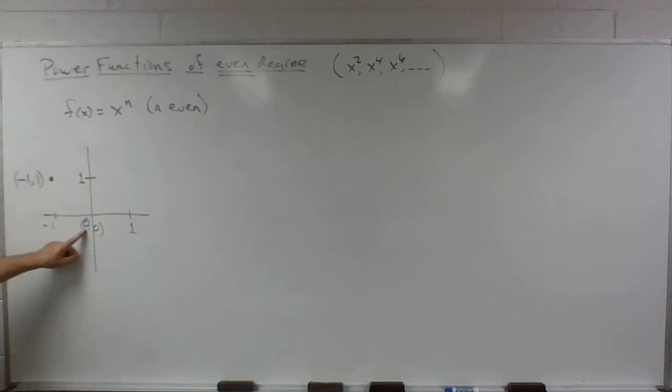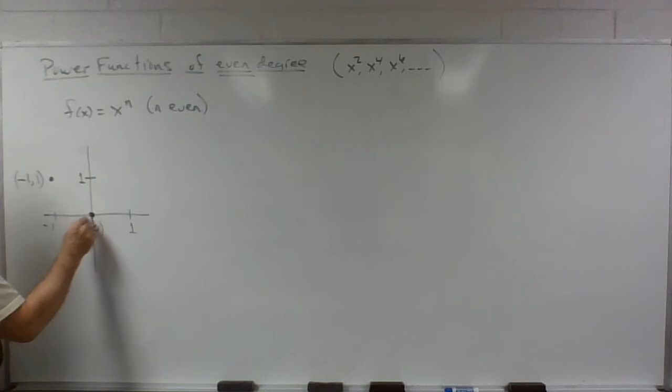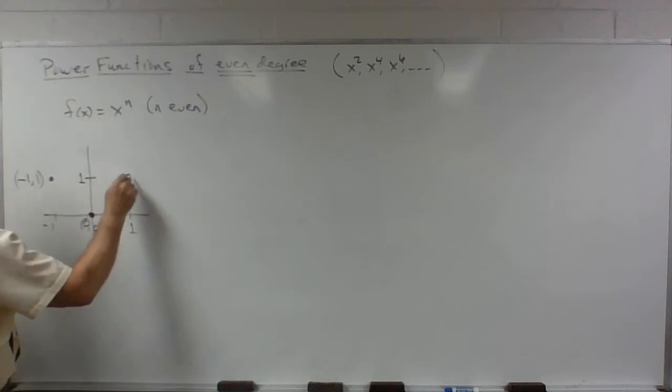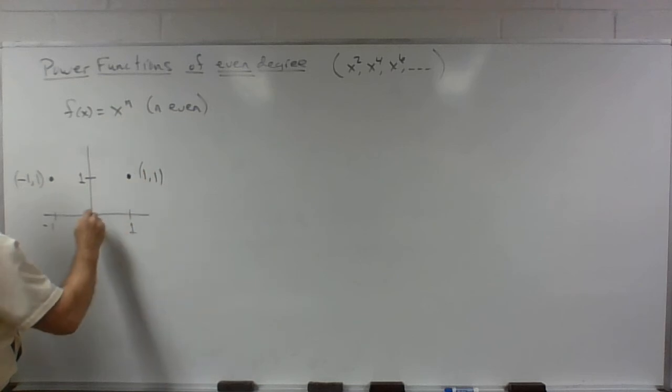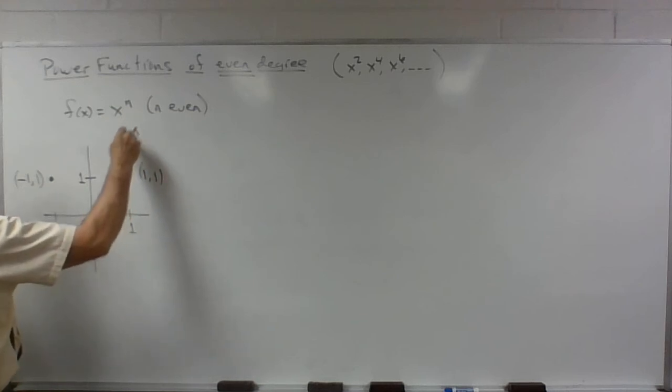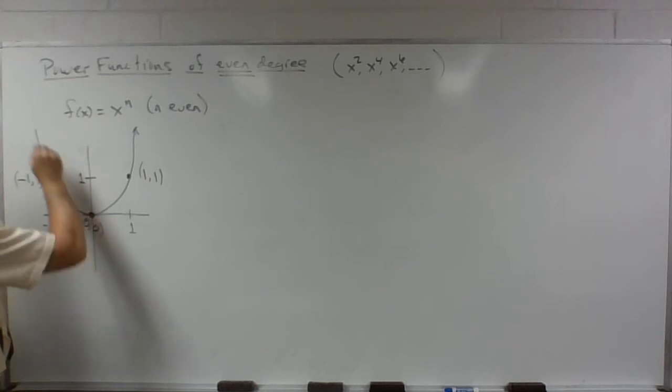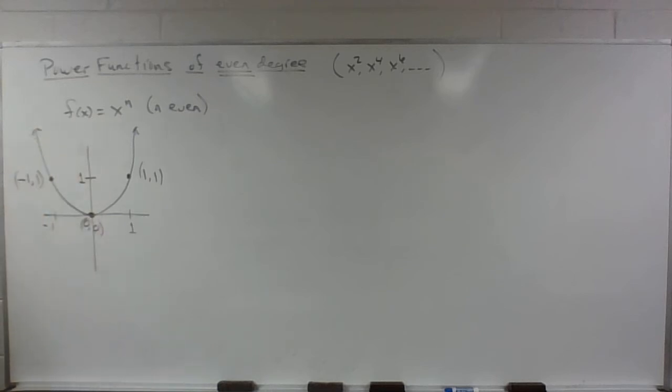When x is 0, 0 to the n power is 0, so 0, 0 is a point on the graph. And when x is 1, 1 to the nth power is 1, so 1, 1 is a point on the graph. And our power function for n even looks like this.